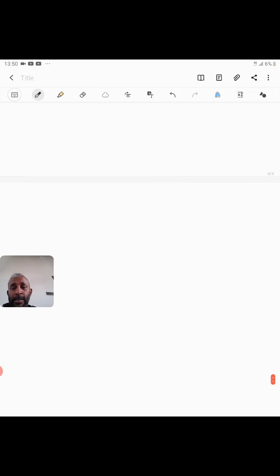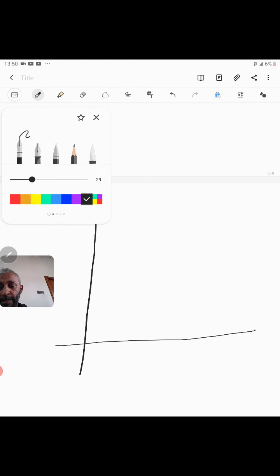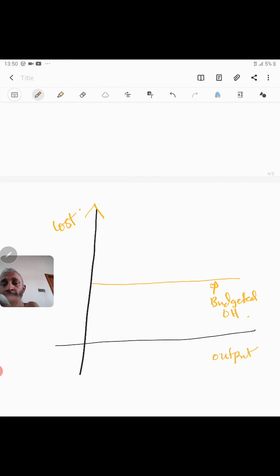This same thing we can elaborate in a graphical format. See, my budgeted overheads, let's say it's a fixed overhead, so it goes parallel to my output. And this is the cost, and this is my budgeted overheads. And then we also have actual overheads.